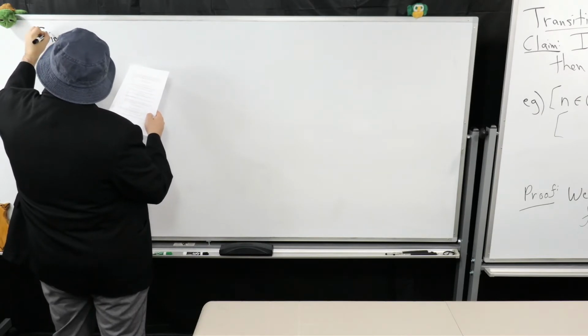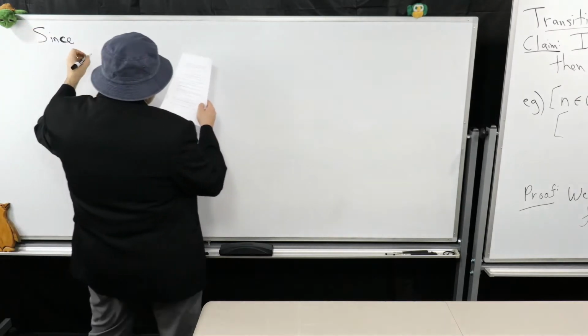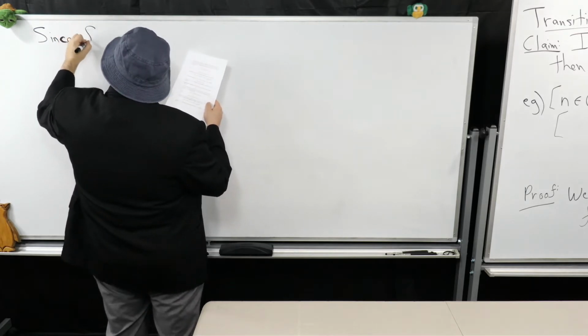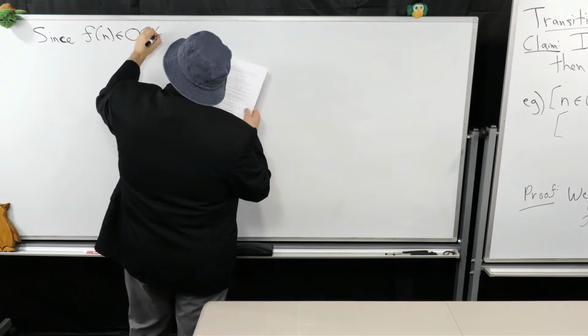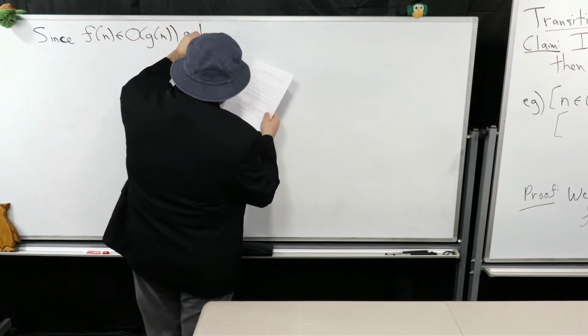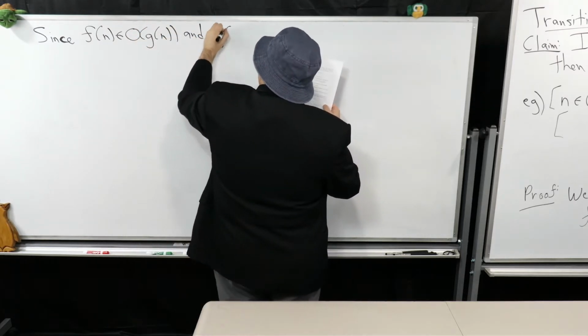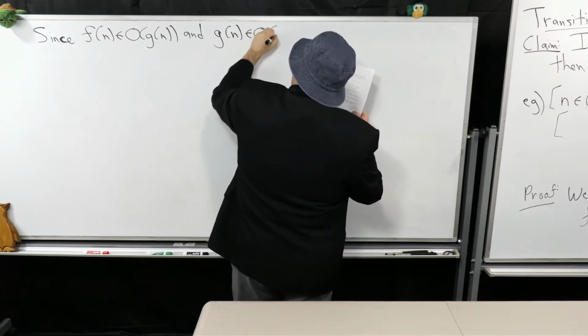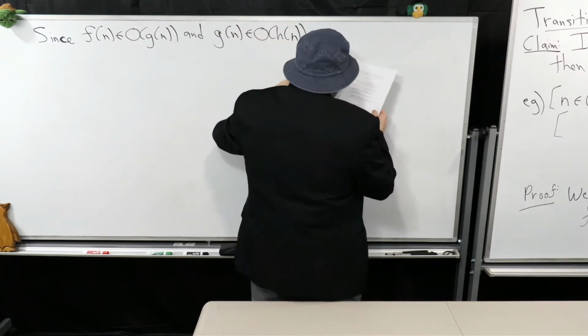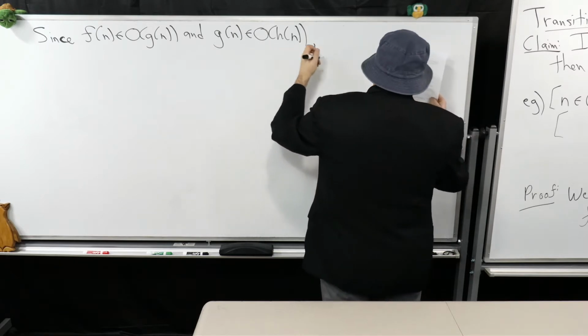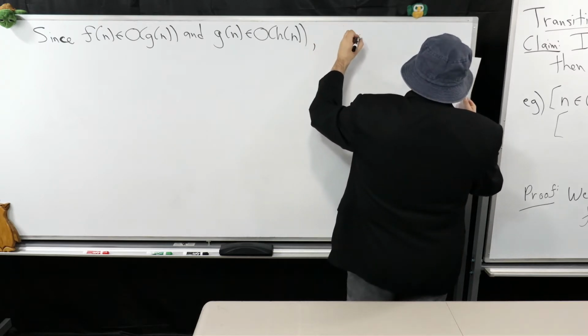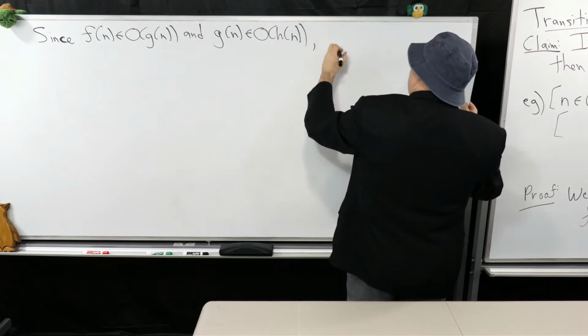Since f is big O of g, and g is big O of h, what does that mean? That means that there exist constants, right? I'm going to write it in this compact way. Makes it a little easier for me to write everything down.